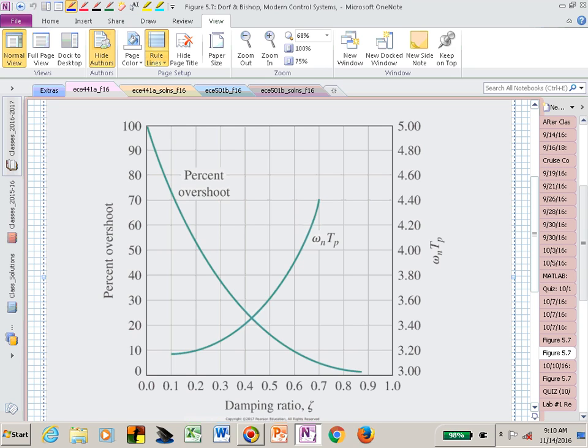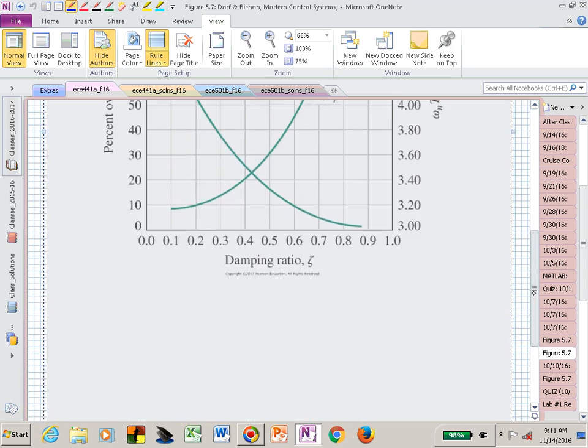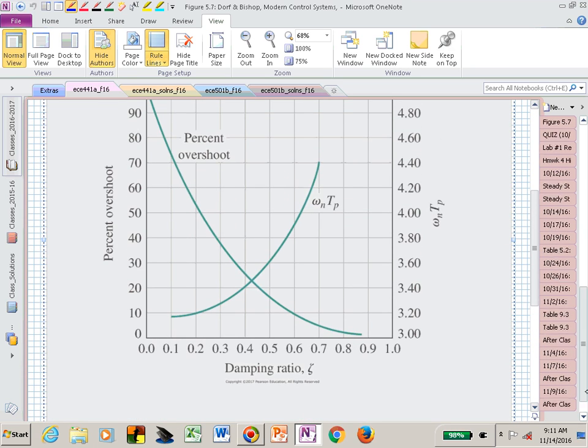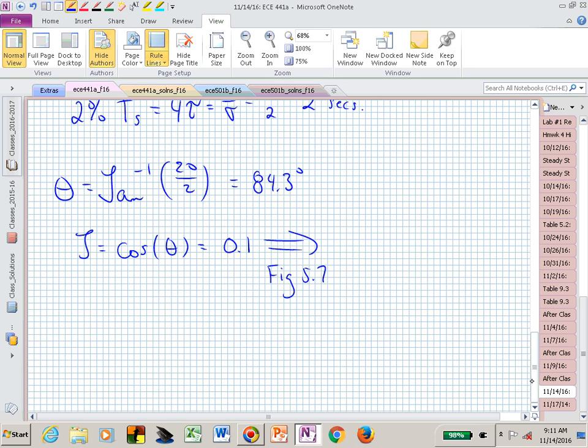If we just kick it and let it go without any kind of control, it will have quite an overshoot. So from this, we find that the percent overshoot, if we simply eyeball it, is 73%.